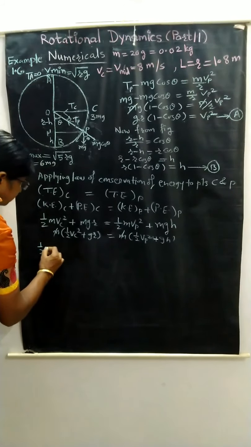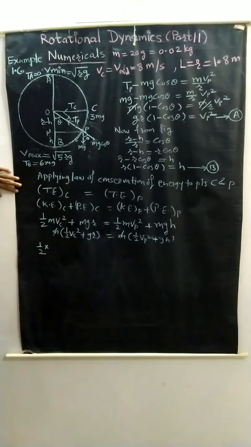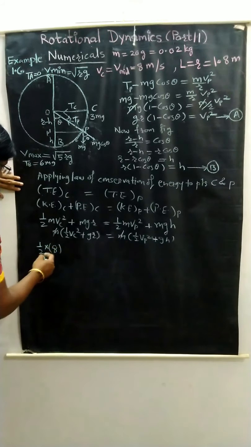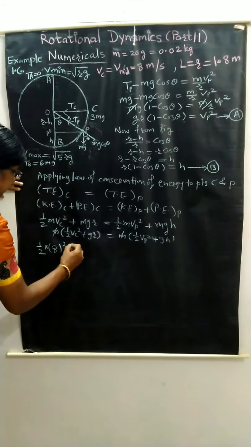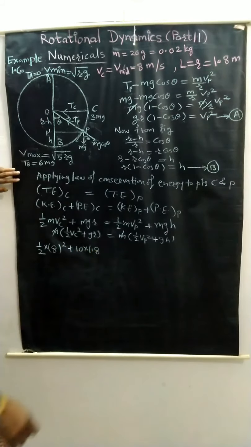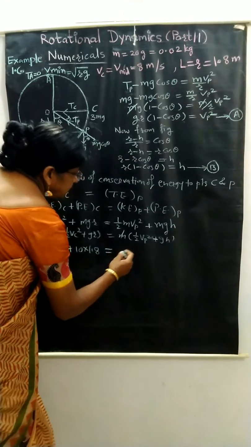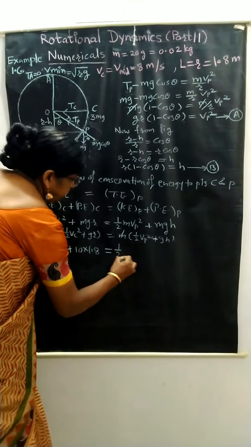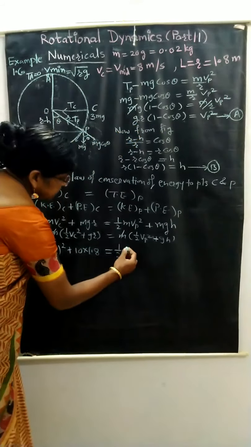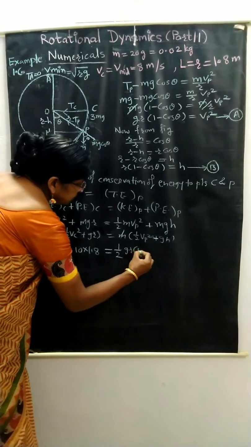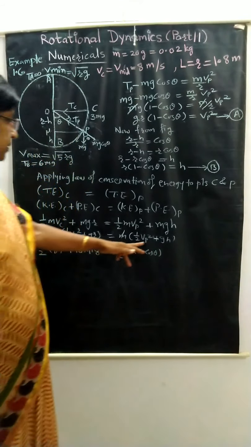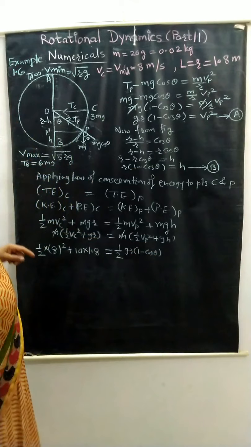Now for Vc we have 8 meter per second, so 8 square plus g is 10 into r is 1.8 is equal to half Vp square. We have to substitute the value as gr into 1 minus cos theta and plus gh.